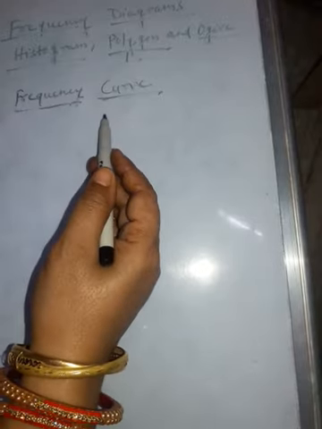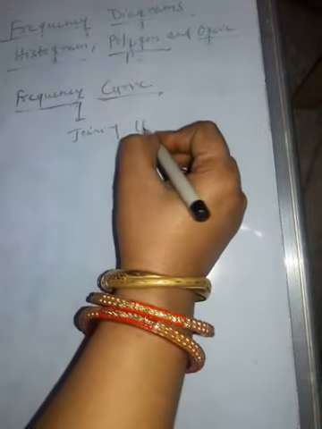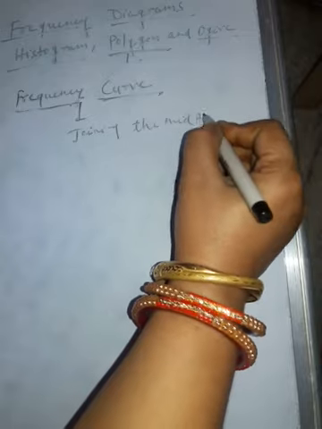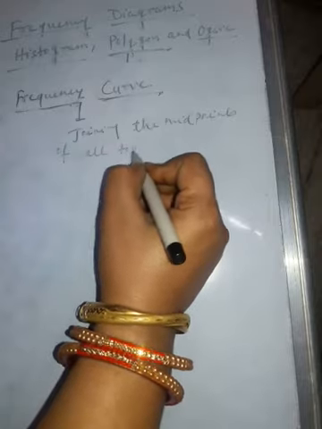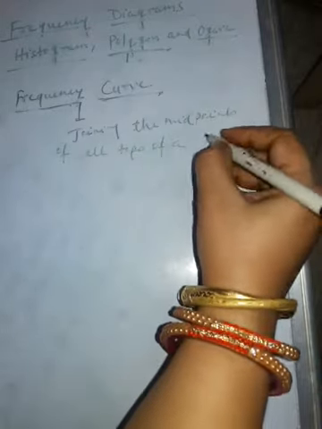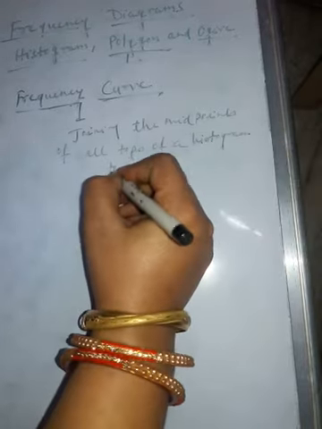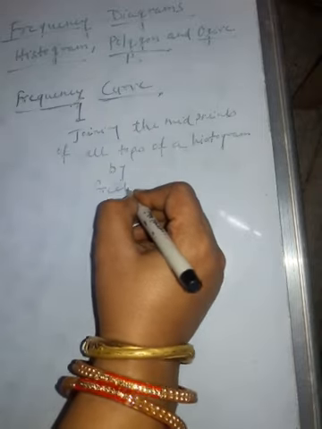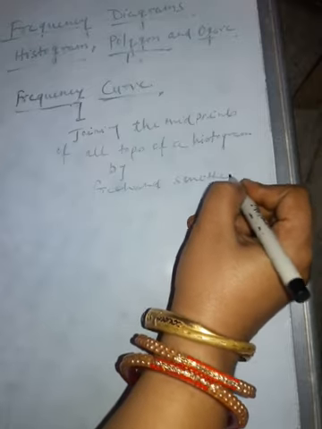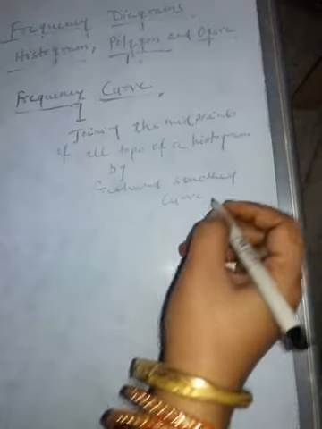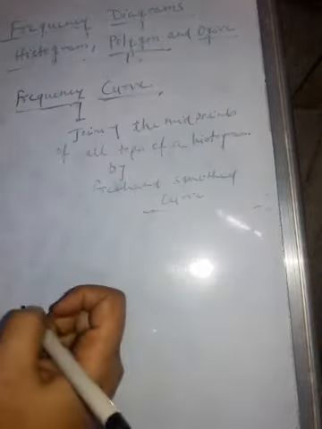A frequency curve is a curve which is plotted by joining the midpoints of all tops of histogram, like polygon, but the difference is that it is by freehand smoothed curve, not by a straight line, that is a straight line which is used in polygon.